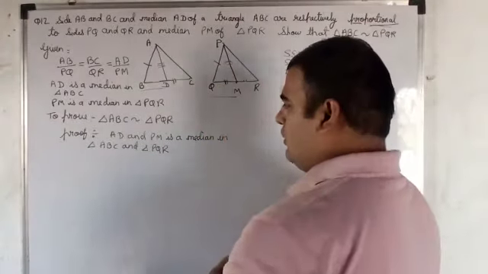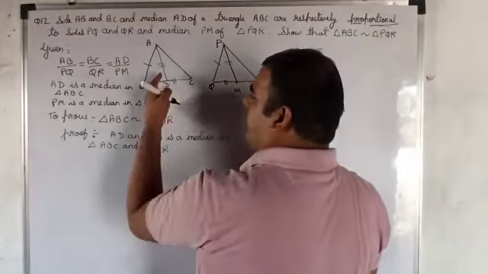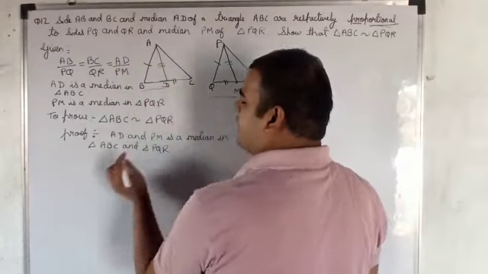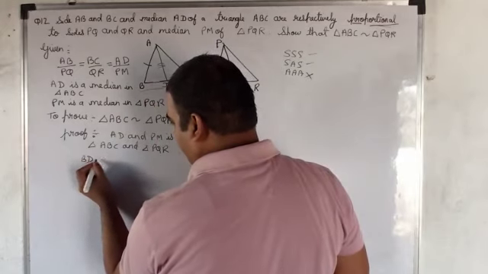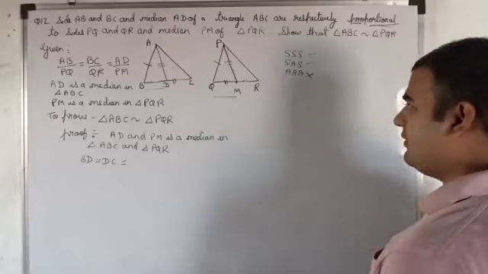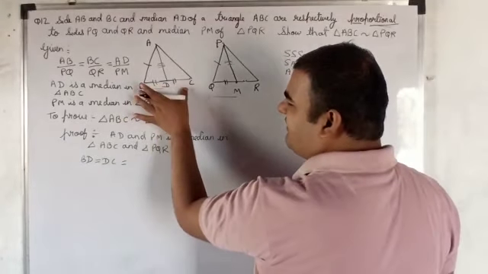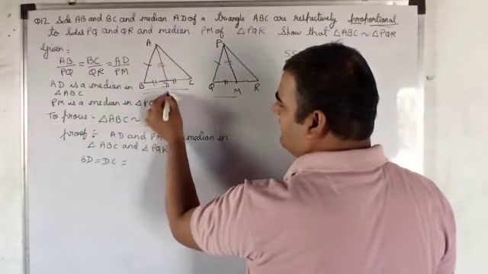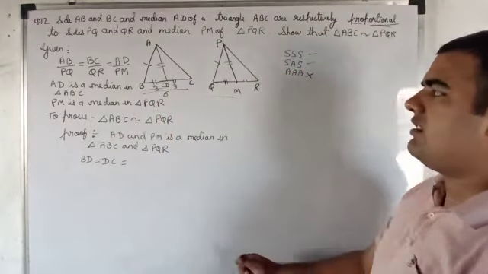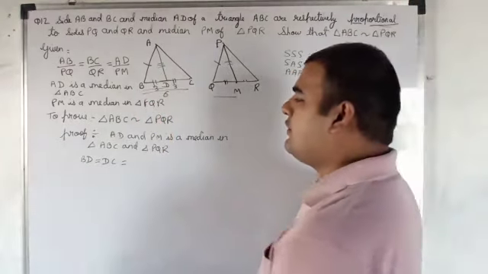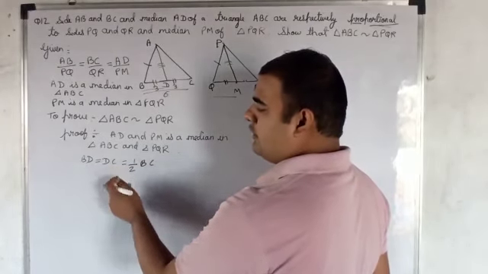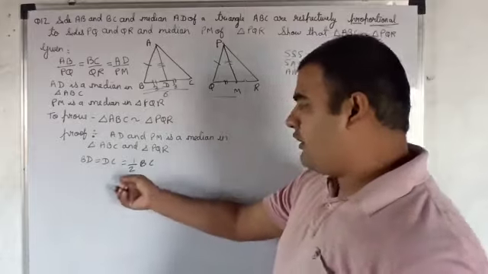So now, can I say AD divides the third side BC into two parts, that is BD equals DC? Yes. So can I say this BD is half of BC? If BC is 6, this will be 3, this is 3, right? So I can say BD is half of BC. Here also, DC is also half of BC.